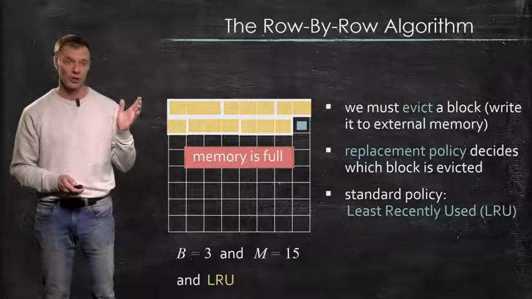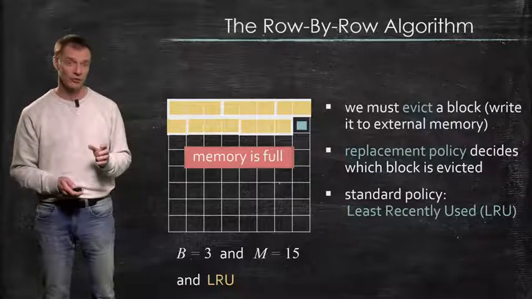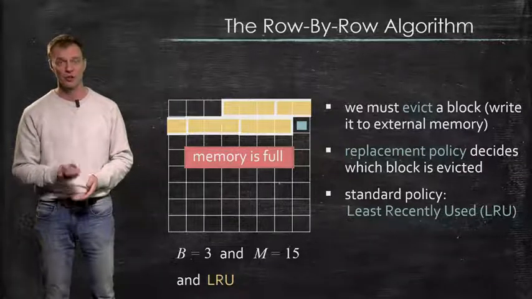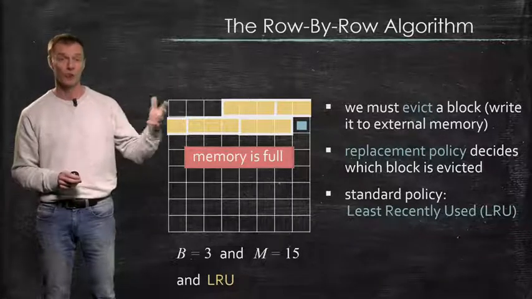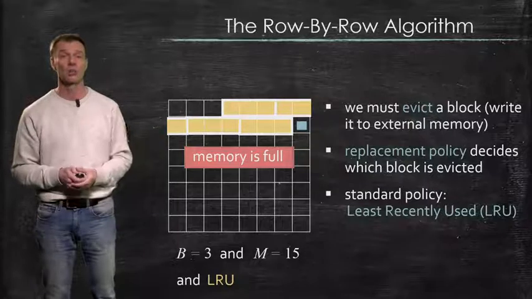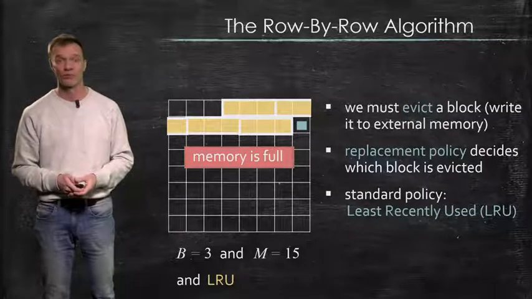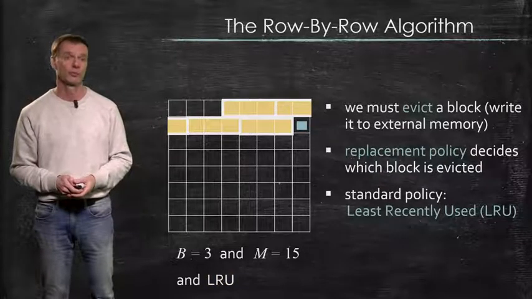If we run our algorithm with B equals 3, M equals 15, and least recently used, then what's going to happen at this point in time is that the first block that we used, the one we have not used for the longest time, is going to be written back to disk. Now we have 4 blocks, so we have space for a new block, and we read a new block.